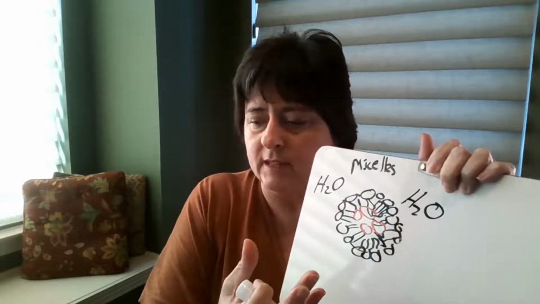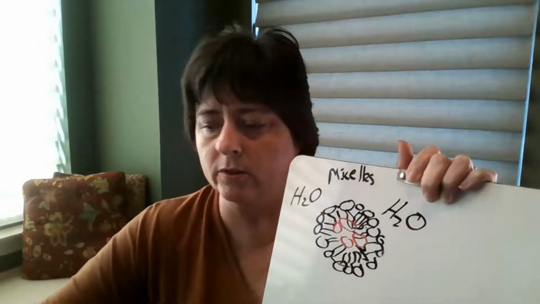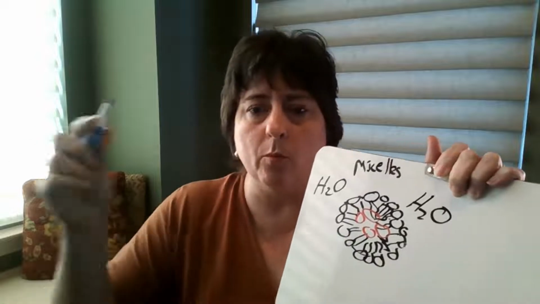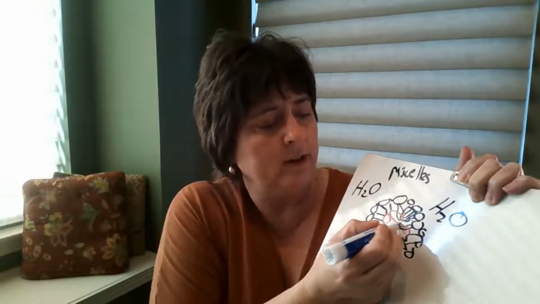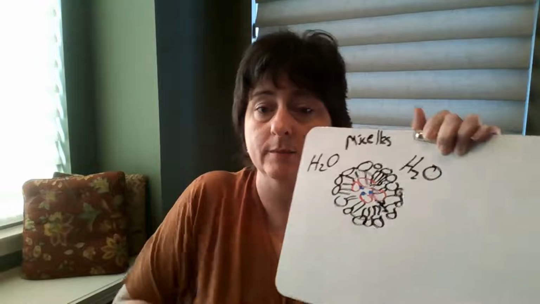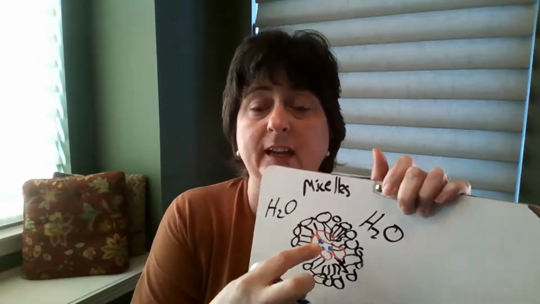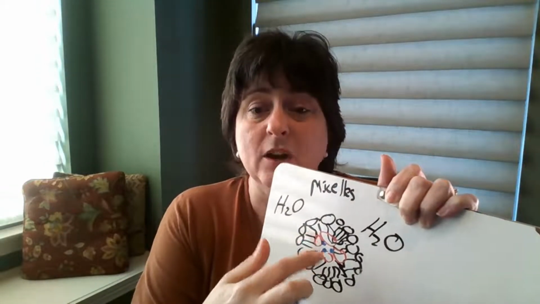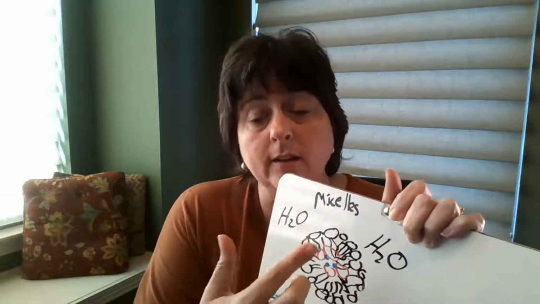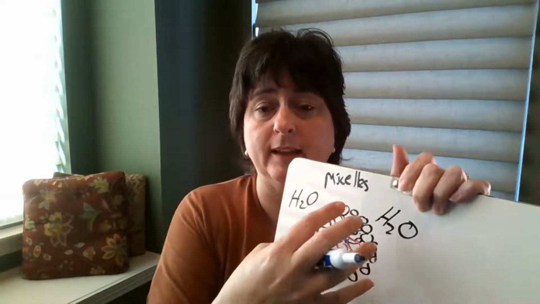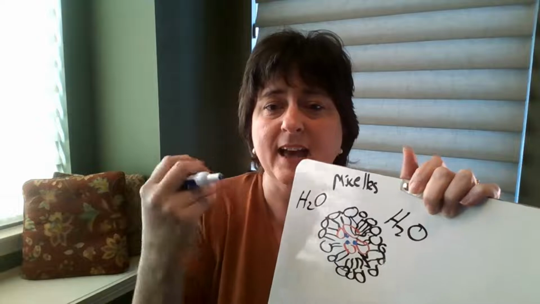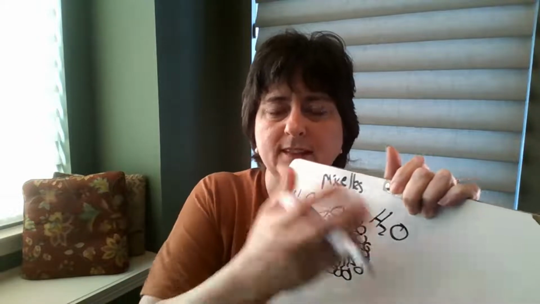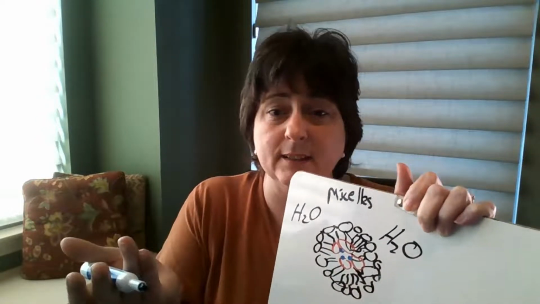So the oils get lifted, and not only the oils, but what's attached to the oils are going to be microorganisms. So the bacteria, anything that's on your hands will get lifted up. Dirt as well gets lifted and formed into these little micelles. You scrub so the oil gets lifted and formed into these little micelles, and then you rinse them off.